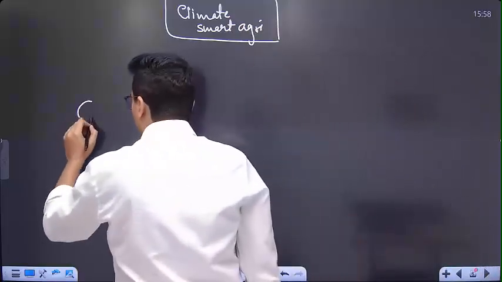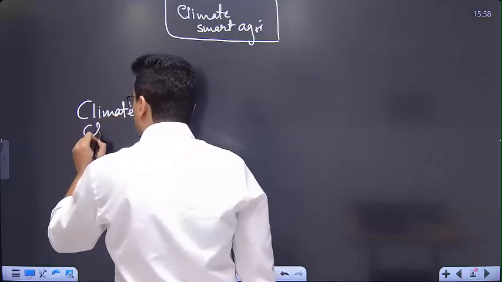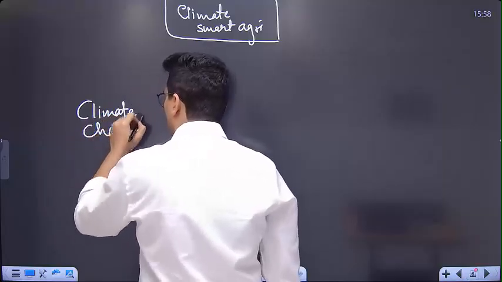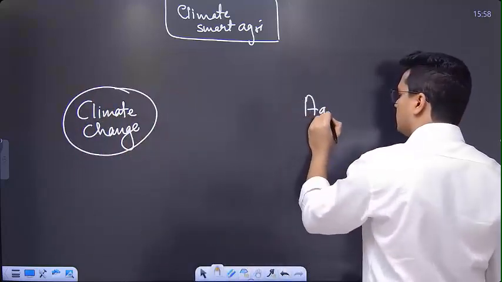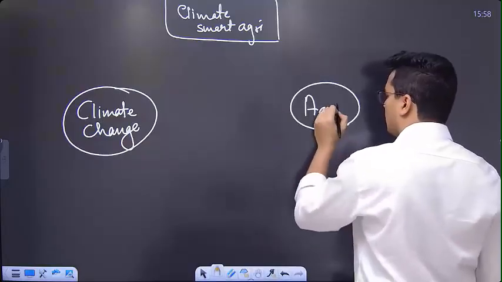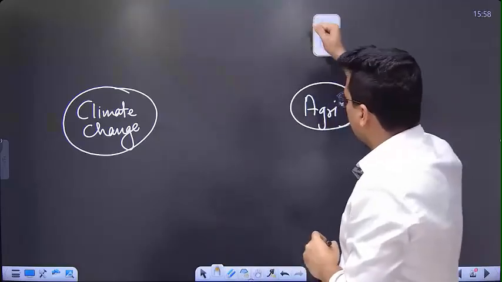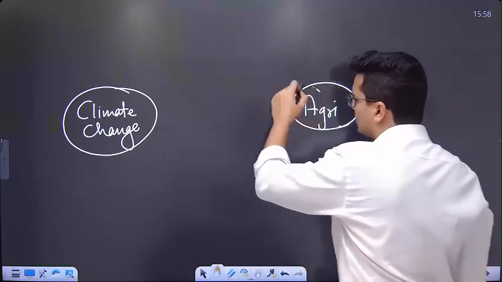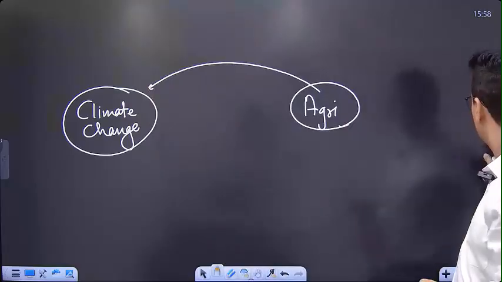I will write climate change on one side, and I will write agriculture on the other side. First, you have to tell me how agriculture impacts climate change. You have 2 minutes to tell me this.